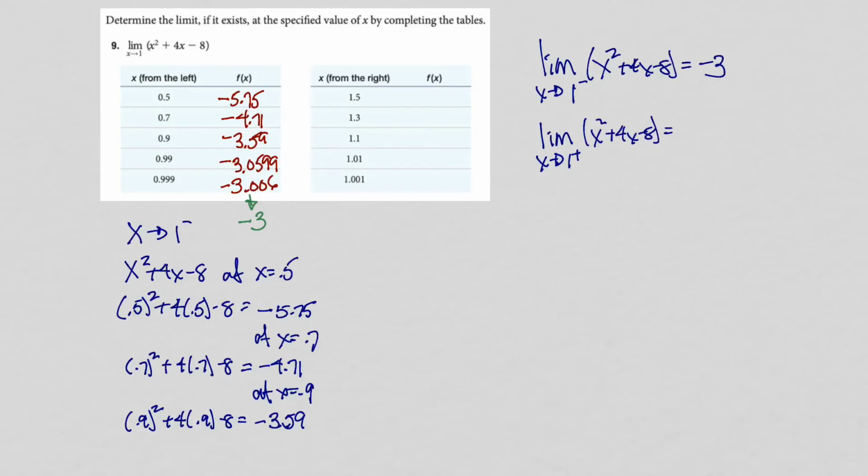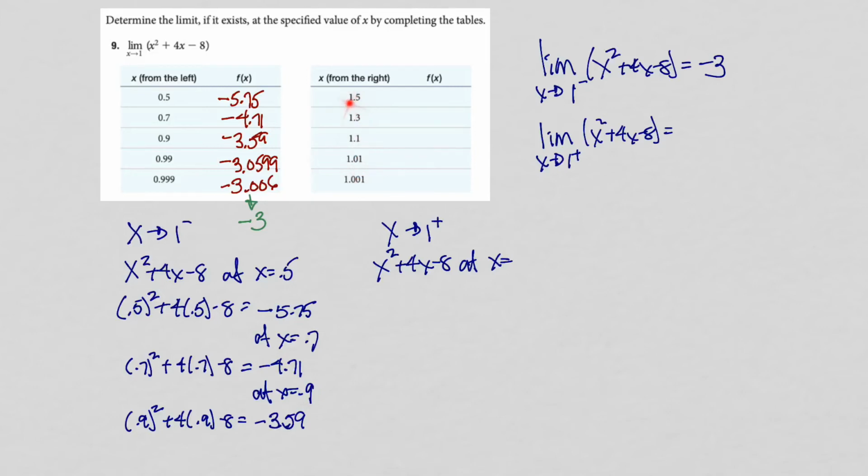Let's see what we get. We'll do maybe just one of these. As x approaches 1 from the right side, let's compute x squared plus 4x minus 8 at x equals, now coming in from the right side, we'll start out at 1.5, come in a little closer to 1.3, closer to 1, 1.1, 1.01, 1.001.